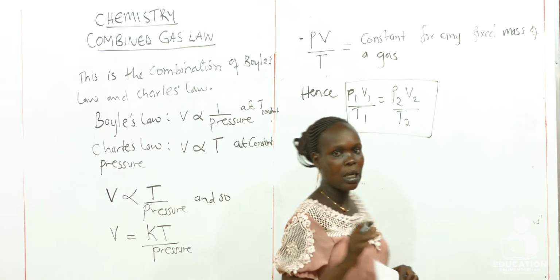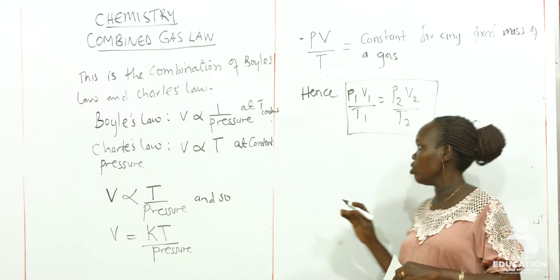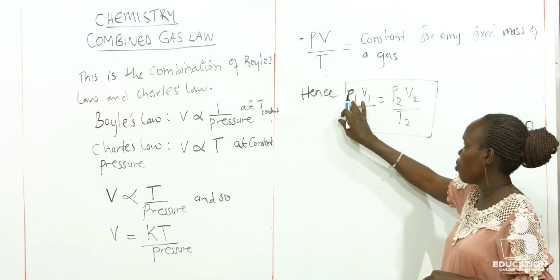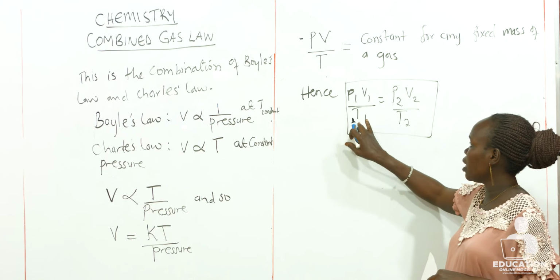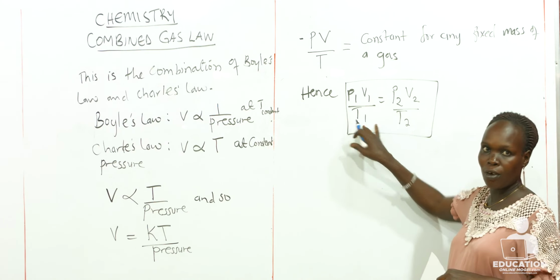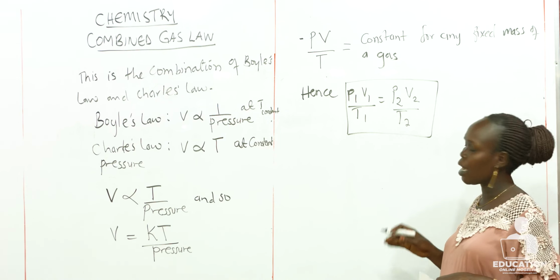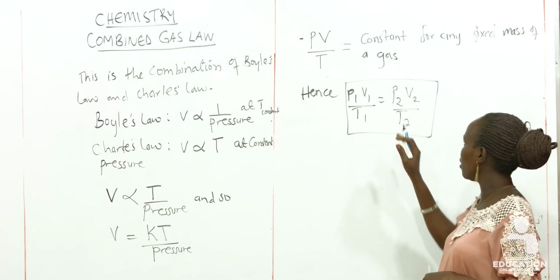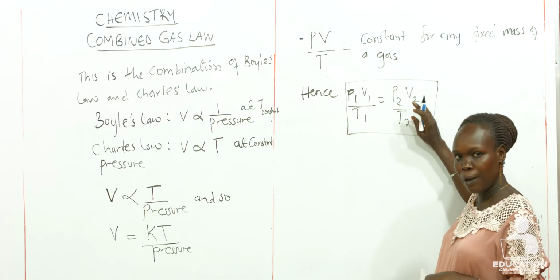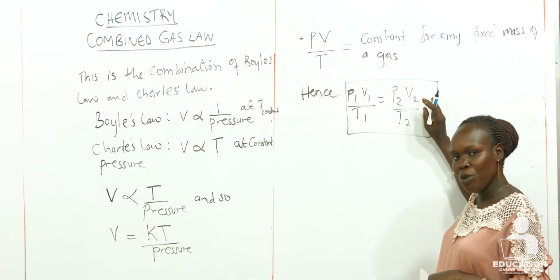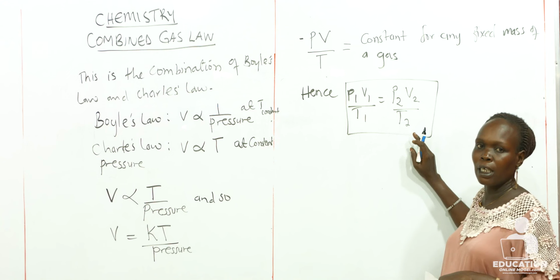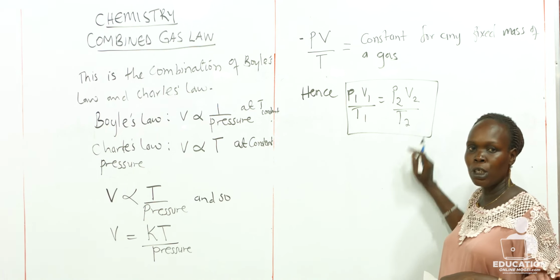This is now the formula for the combined gas law: pressure 1, volume 1, over temperature 1, which are the original pressure, original volume, and original temperature, is equal to the final pressure multiplied by the final volume, divided by the final absolute temperature.